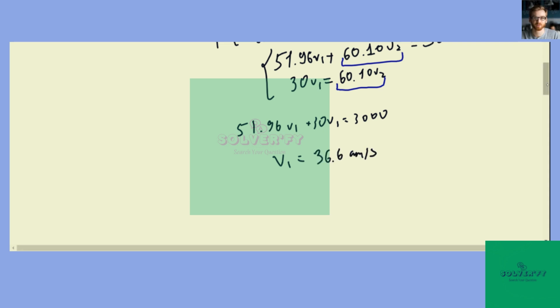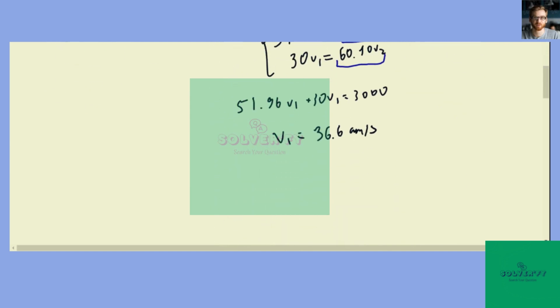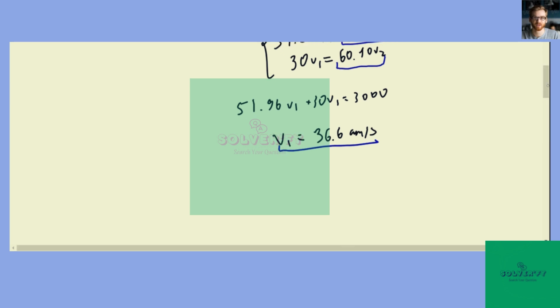centimeters per second. For now, let's keep two decimals, all the significant digits, and now we can calculate v2. So v2 equals 30 v1 divided by 60.10, or 30 over 60.10 times 36.6 centimeters per second.